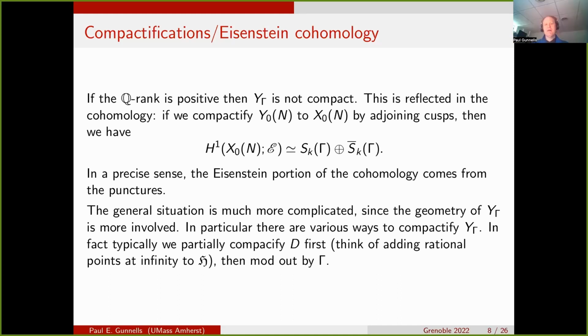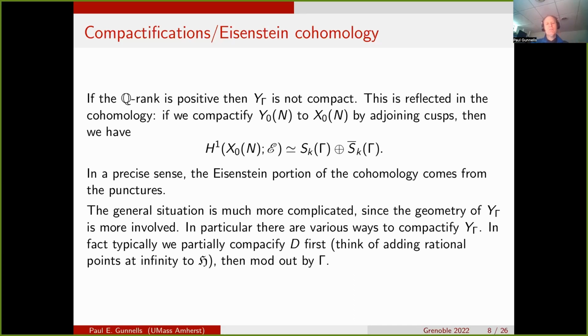I guess I'm kind of talking about two things at once. In fact, on this last part of the slide here, there are various ways to do this. There are lots of different ways, and I'm going to talk about some of them. The way to do this usually is not to compactify a given D divided by gamma, a given Y gamma.